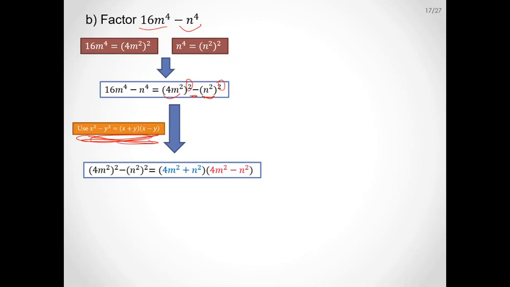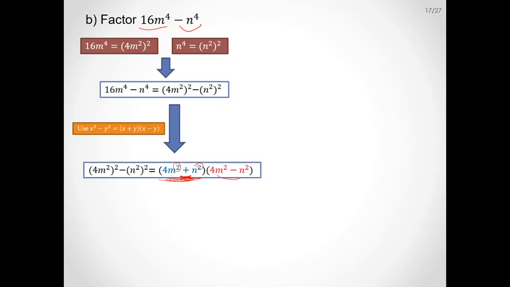If this is x and this is y, x squared minus y squared gives x plus y, x minus y. So instead of x, we get 4m squared and n squared. Are we done yet? This is an important question. Since we have squares here with addition, this cannot be factored.